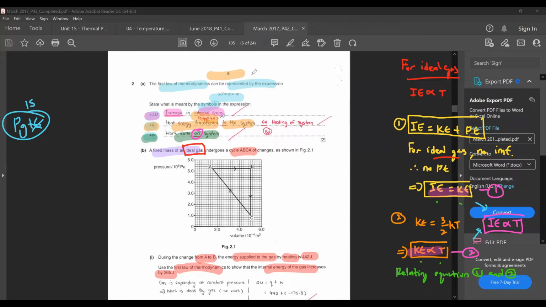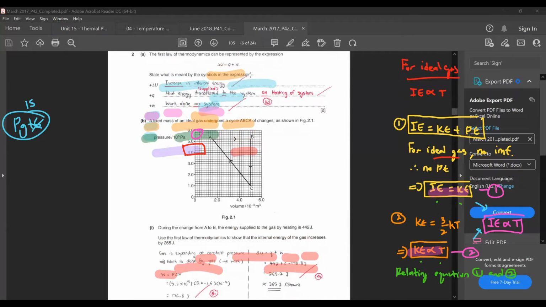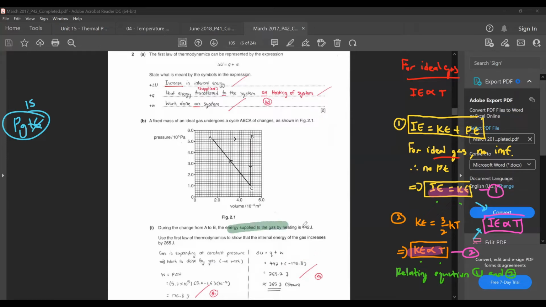Okay, so if you look at the keywords here, there are some keywords you can actually identify from all of this. First one being, they tell you energy supplied to the gas by heating is 442 joules.